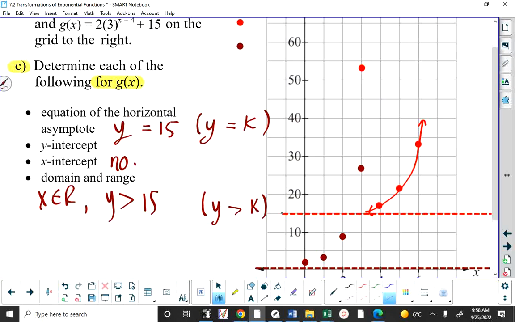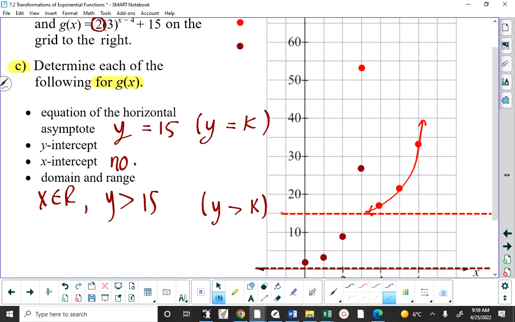Under what circumstances, Ian, would we end up with y is less than k? Right. If a, the parameter a, is negative. So if we had this number here of 2, if it was not 2 but negative 2, then there would be a vertical reflection first, in which case the range would be y is less than that number.